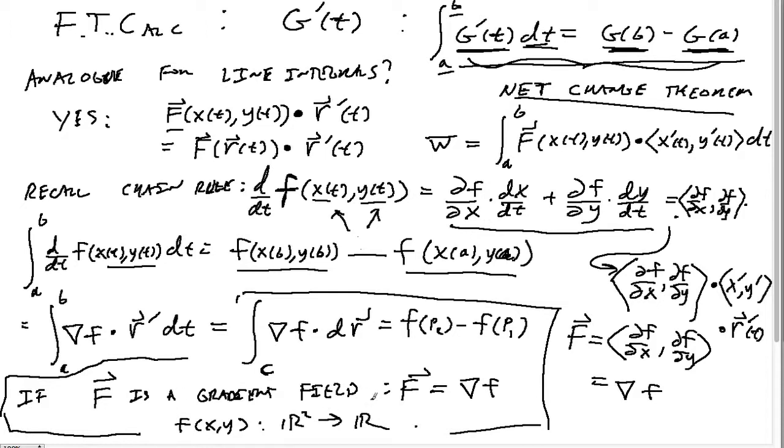So if we can find some little f where taking its gradient produces this vector field, and that is true for every point along our path, then to compute the line integral we don't have to do a full calculation. We simply find the little f, evaluate it at the ending point and subtract the value of f at the beginning point, and that will equal the work done. That will be our integral.